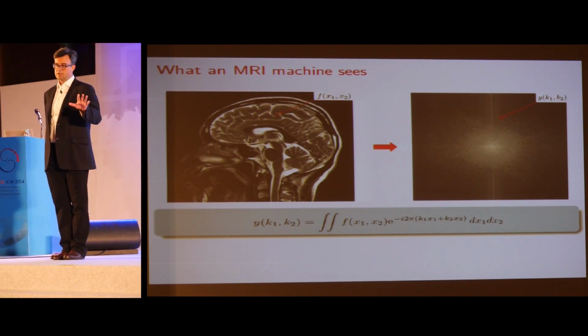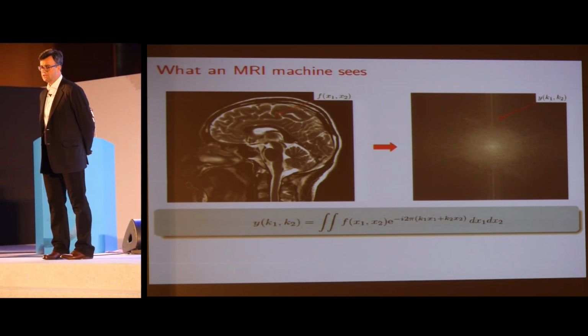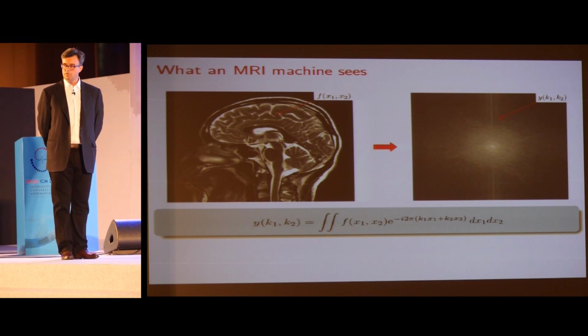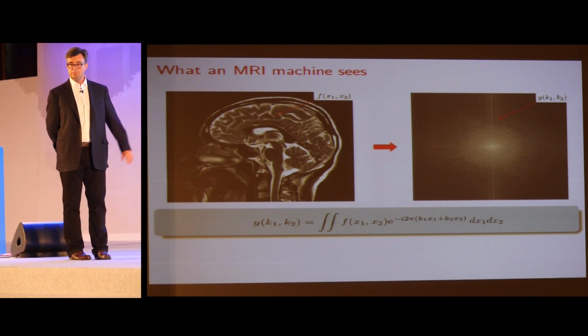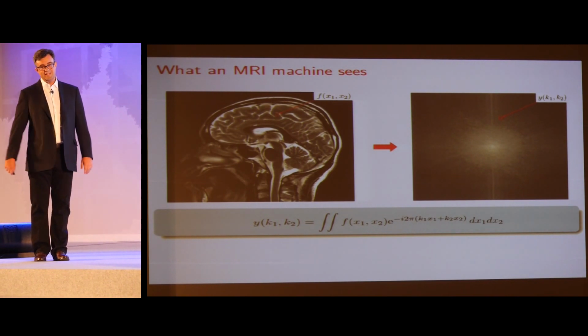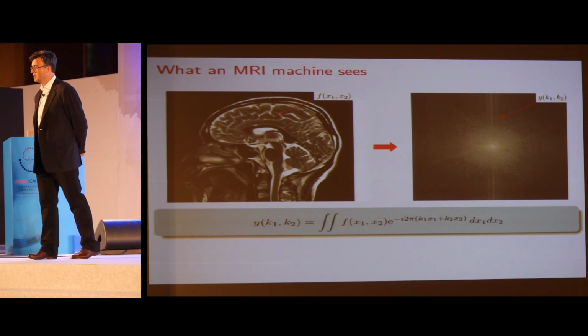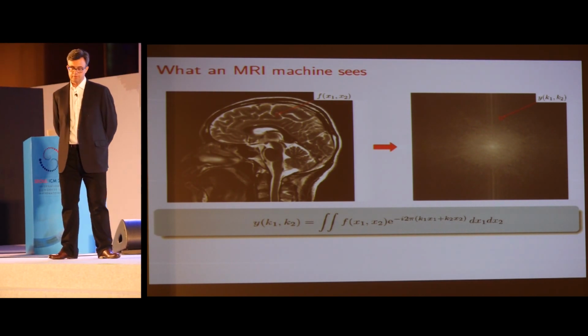Because you see, a scanner is not measuring proton density directly, rather it does so indirectly. And what the scanner measures is really the Fourier transform of a density of interest. And so we have a mathematical relationship between the data that the scanner collects, which is on the right, which is a Fourier transform of the image we wish to form, which is on the left.